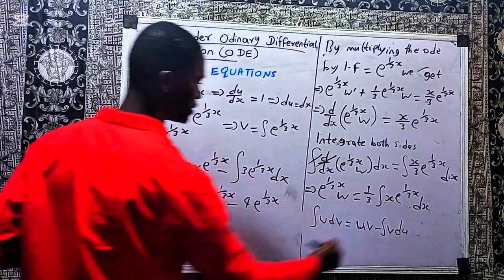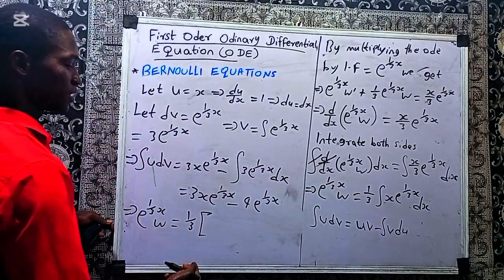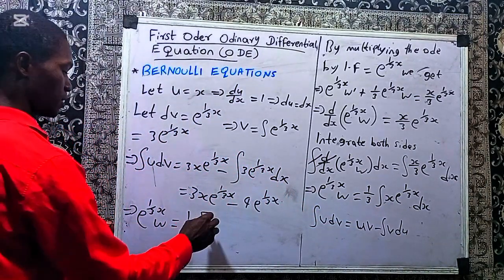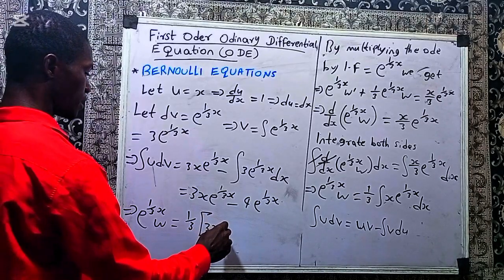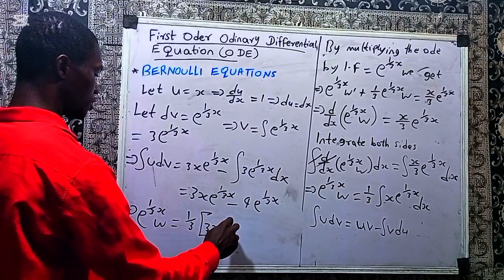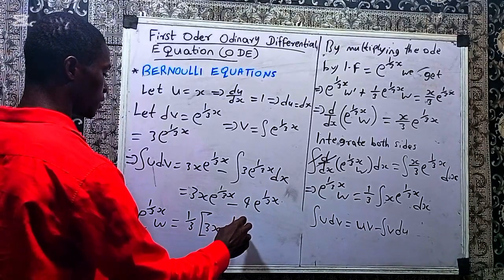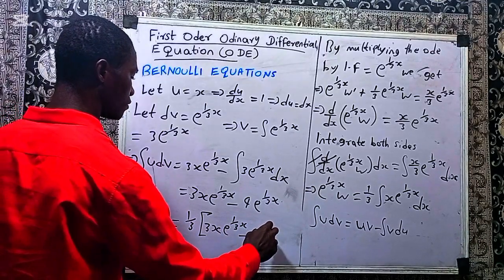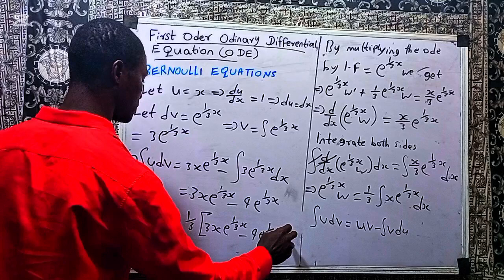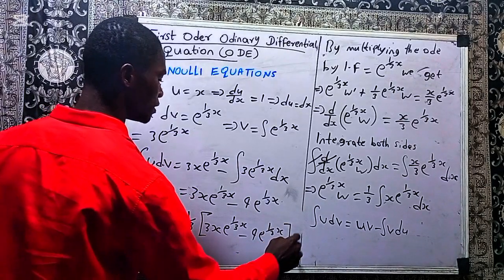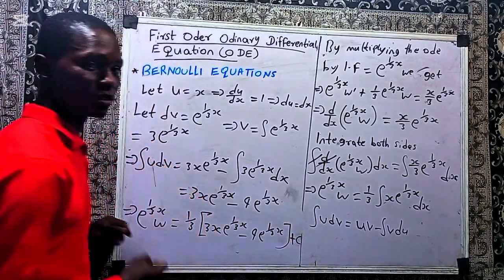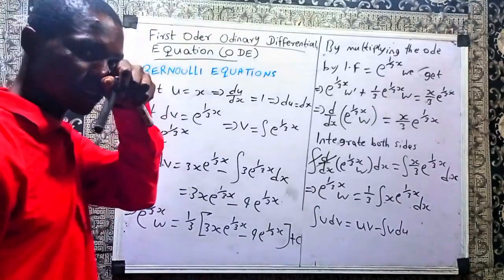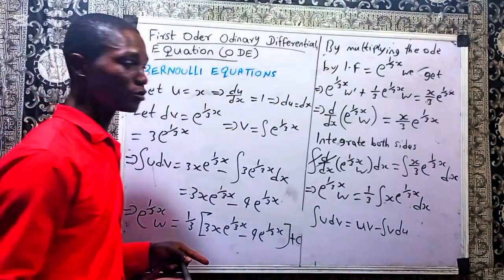Then the integral of this is this thing we got here: 3x exponential 1 over 3x minus 9 exponential 1 over 3x. That's the result. Then you are going to put plus c. C is the constant of integration, right? After the integration, you normally put plus c.